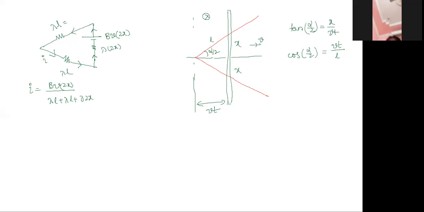Let this be X. This is lambda into L, this is lambda into X, this is lambda into X. As a result, there is a current flowing in the circuit. I is equal to BVL by resistance, which is lambda into (L plus 2X), where X is the displacement from the initial position.